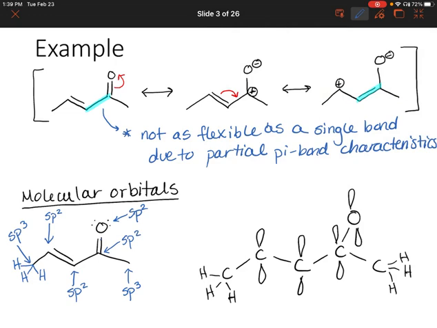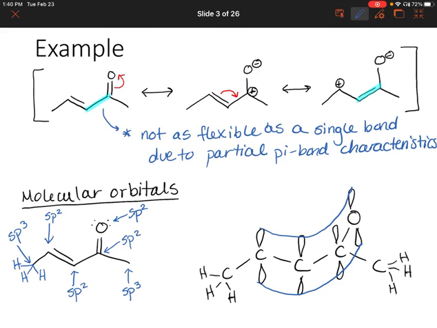Okay, so if we have all of these p orbitals that are lined up with each other, the electrons can delocalize, kind of similar to what we saw in the resonance structures. So the electrons can move back and forth between the 3 carbons and the oxygen that are sp2 hybridized, and this can create some stabilization along that molecule as well.